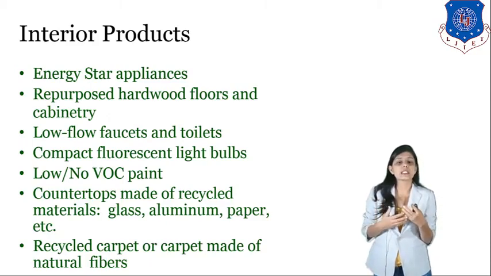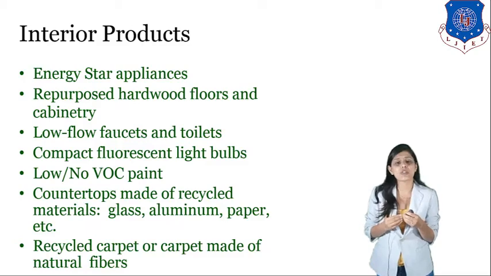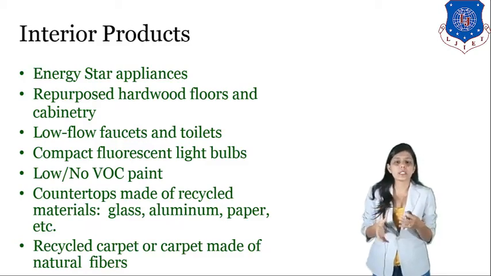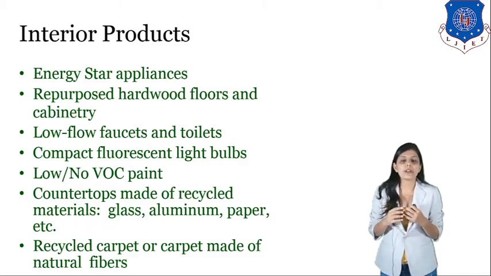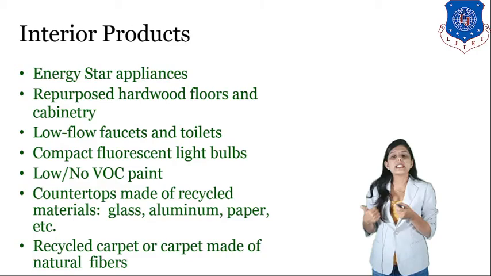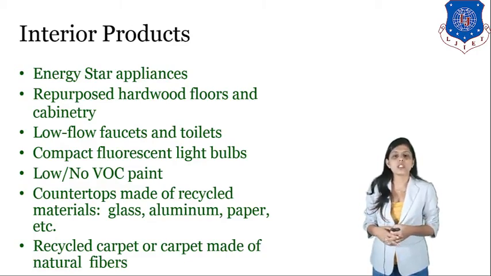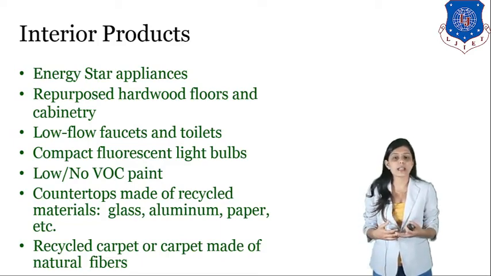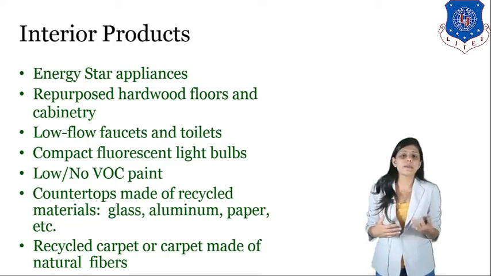The paint should generate less toxic chemicals in the environment. Countertops made of recycled materials, glass, aluminum, paper, etc. So recycled material should be utilized. Recycled carpet or carpet made of natural fibers. The carpet should be made from recycled material or natural fiber.